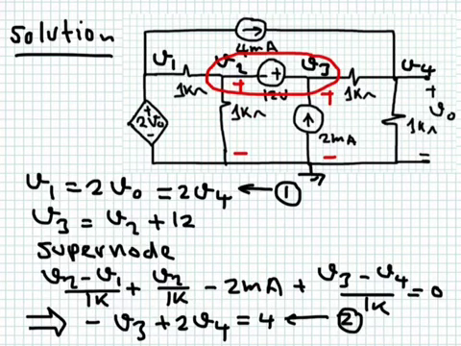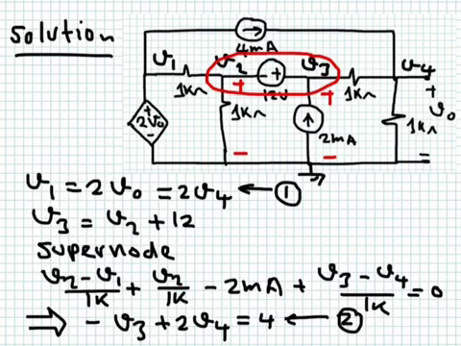Then you start to organize your coefficients. I have V3, I have V4. What I did here as well, every time I saw V2, I got rid of it, because V2 can be written in terms of V3.